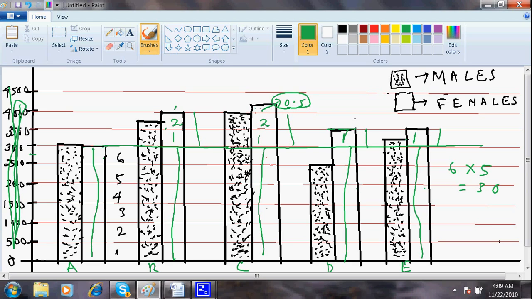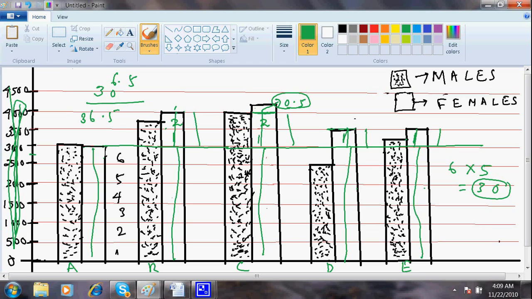So I'm not bothering the 0.5 in the beginning. This part is 2 centimeter, this is 2 centimeter, 4 centimeter, 5 centimeter, 6 centimeter, and then I look at this part. Oh yes, a little bit is there, so it's basically 6.5. So totally there were 30 down, and the upper parts count another 6.5. So this makes it 36.5.